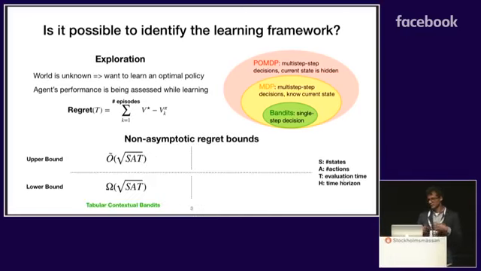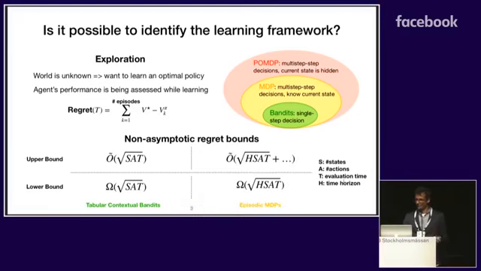So for tabular contextual bandits, for example, it's very well understood that we have upper bounds and we have lower bounds, and those are essentially matching up to lower order logarithmic terms and maybe constants. For Markov decision processes, last year there was an interesting paper that was achieving in the leading order term the lower bound that was previously established for episodic Markov decision processes.